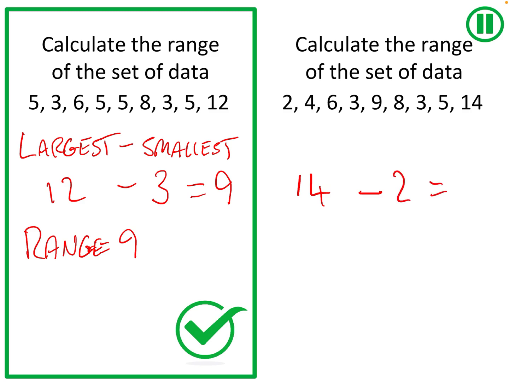And that is equal to 12. So therefore, the range is equal to 12. Okay, mark yourself through. If you made any errors, just have a quick look. But just remember, we're always looking for the largest value and we're subtracting the smallest.